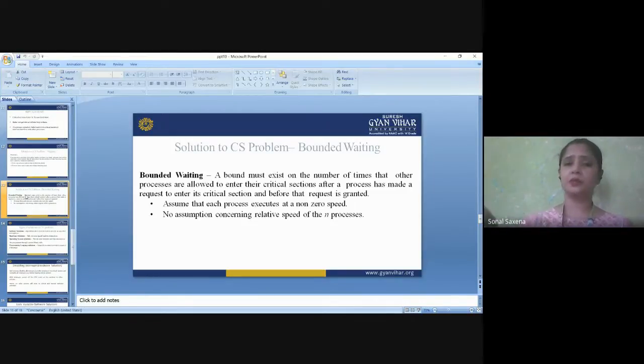However, there are some processes in the remainder section which are not getting a chance to execute even a single time. So this biasing, this type of structure, should not be there. This type of scheduling should not be there, where one process is allowed to execute multiple times and another is not even getting a single chance to get executed.